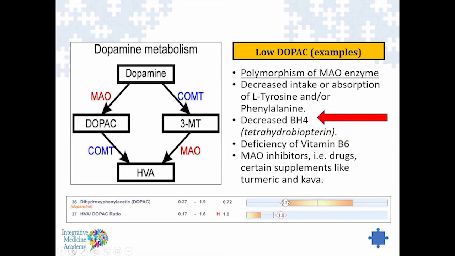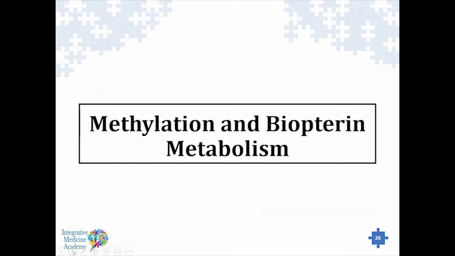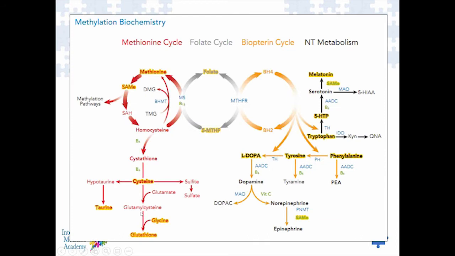Well, one thing I want to focus on here is a chemical called tetrahydrobiopterin, BH4, because BH4 is intimately involved in the methylation cycle, as well as balance and metabolism of neurotransmitters, and the link that it has overall to the entire system.